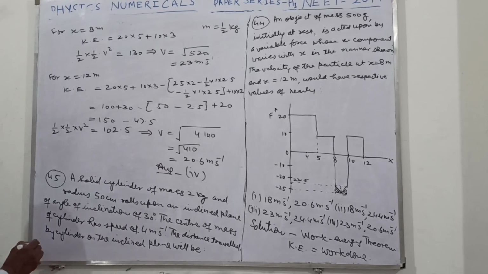Now this is given that g equal to 10 meter per second square.